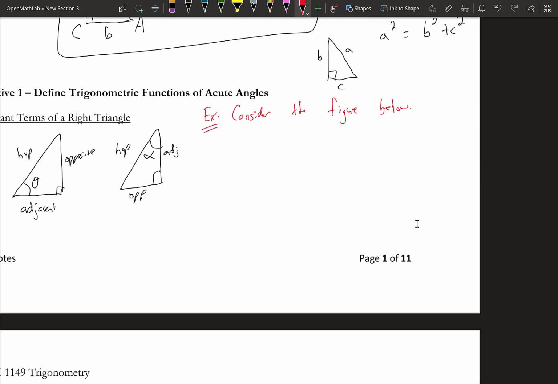Consider the figure below if A is 30 degrees.